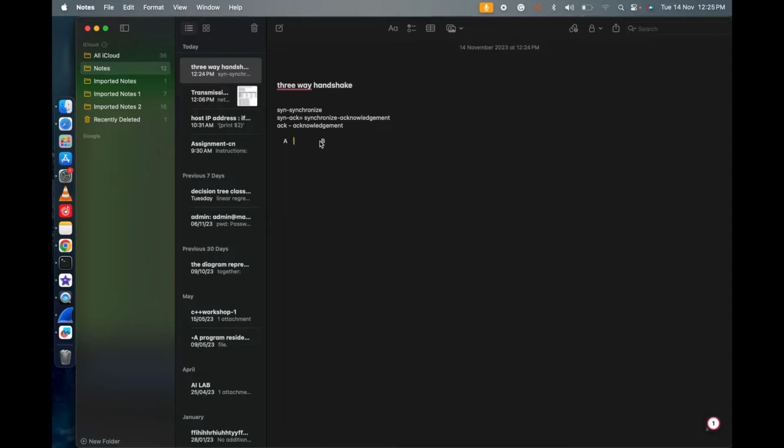It says like, I want to establish a connection with you, and B says yeah, the connection is being established, sending back to A, and A sends B again. Whatever message it wants to send would be transferred in the acknowledgement back. So these are done in three ways, right? The first one is SYN, the second is SYN-ACK, and the third one is ACK. Here A is known as SYN and B is known as ACK.